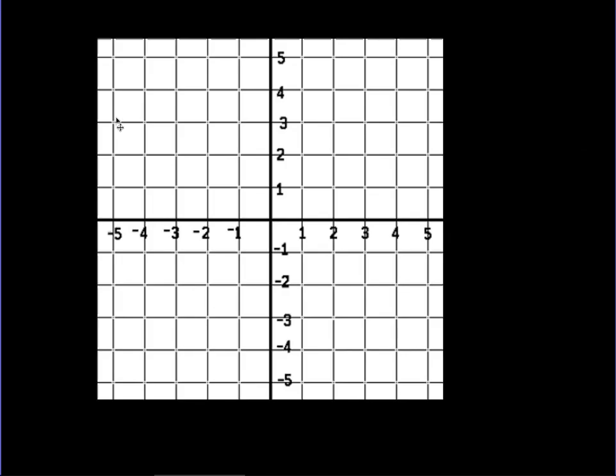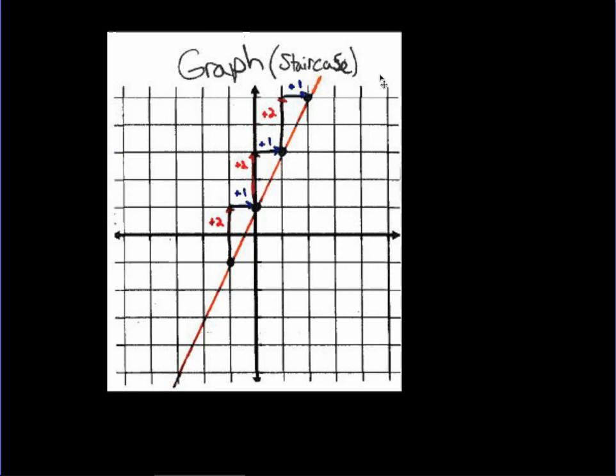Moving on. An example would be this. If you're starting with the graph that is on your paper, you have these points plotted, and you can see the staircase is going to look like this. Notice how I rise 2 and I run 1. So I have plus 2 in the y direction, and plus 1 in the x.